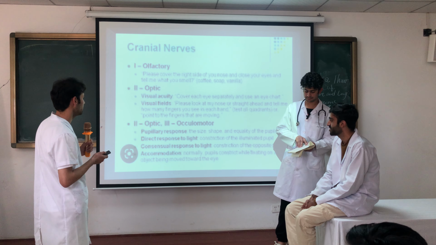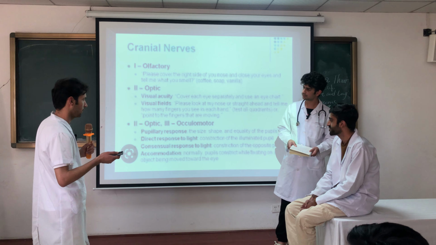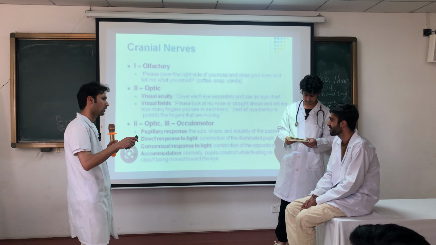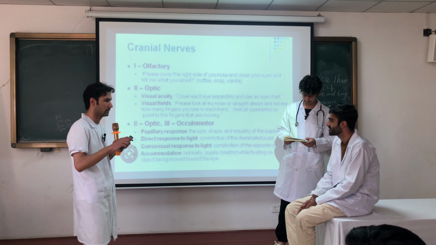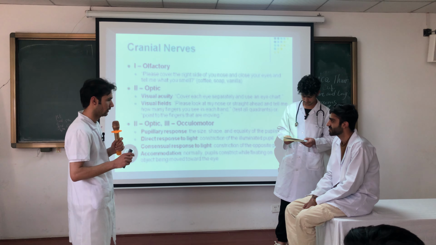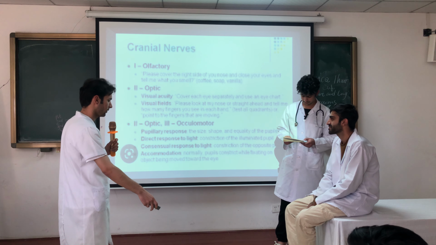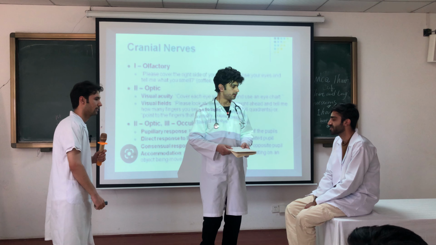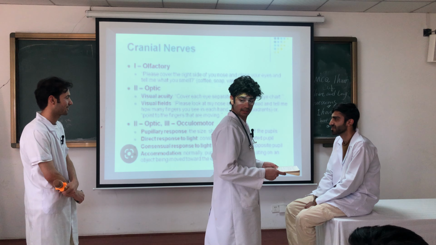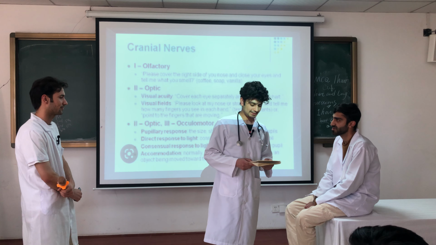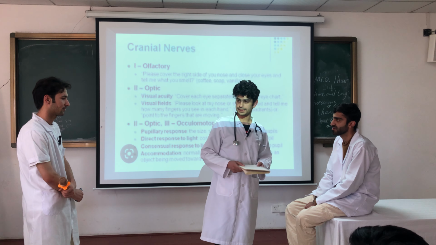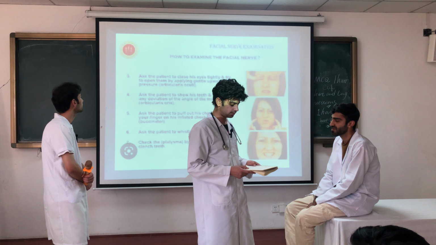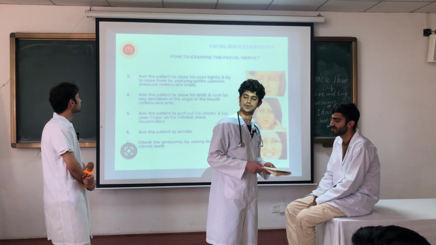The oculomotor nerve and the abducens nerve are mostly concerned with the extraocular muscles which regulate the movement of the eye. Dr. Hassan will perform and stand in front of the patient, and he will just move. You all know the eye muscles are supplied by the oculomotor nerve, the lateral rectus is supplied by the abducens nerve, and the superior oblique is supplied by the trochlear nerve.